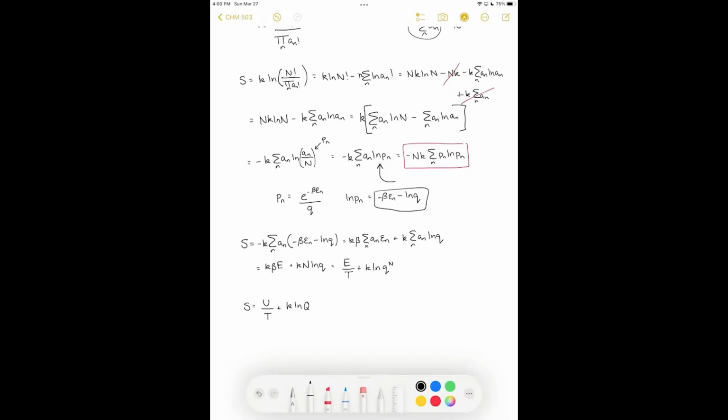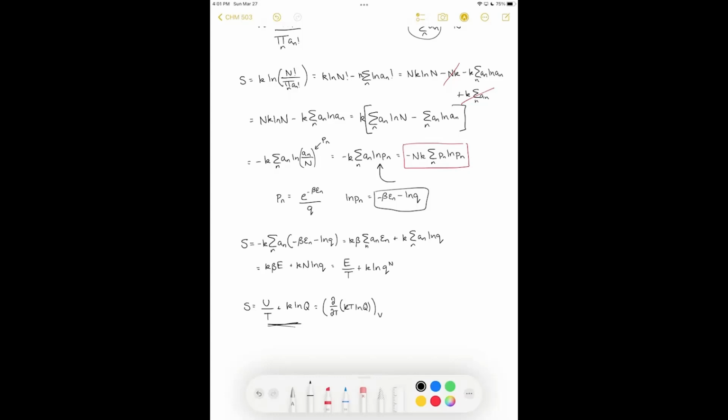You may also see this written in a more compact form, where instead we say it's equal to the derivative with respect to temperature of kT natural log of Q at constant volume. These are the same thing, and we'll usually rely on this expression to actually solve problems.